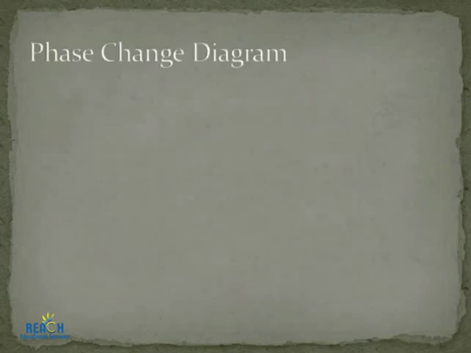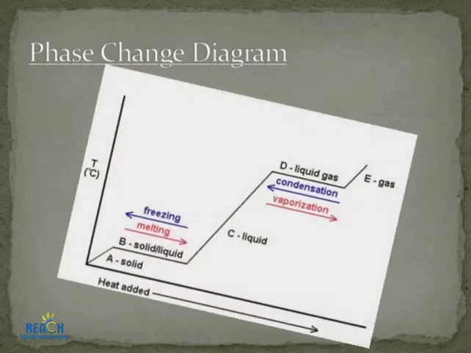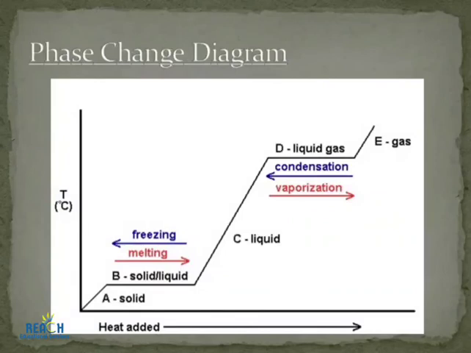Okay, students, now we know that matter can actually change from one state to another with the addition or the removal of heat energy. This information can actually be summarized in what we call a phase change diagram.